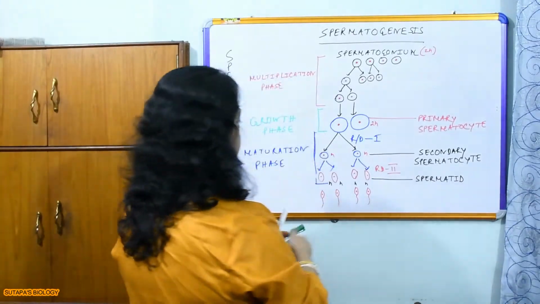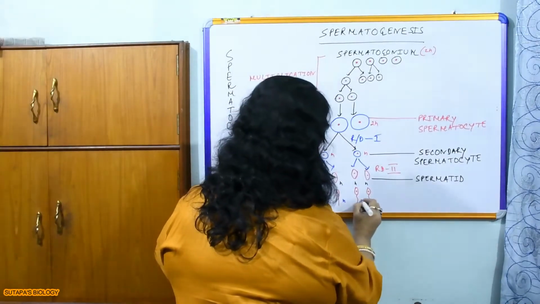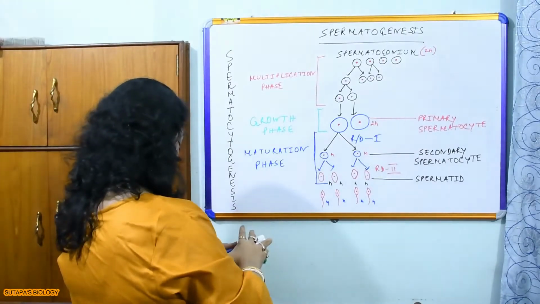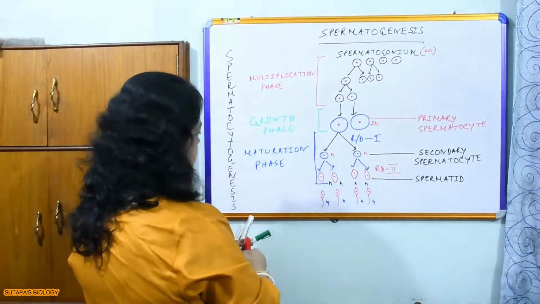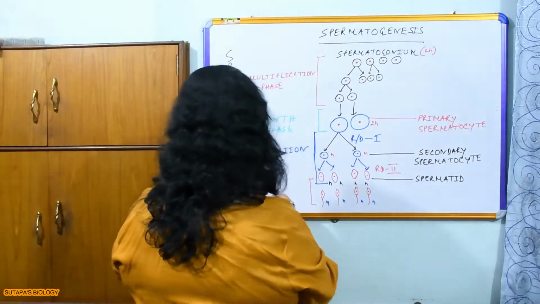They are the sperms, and all of them have the N configuration of chromosome, and from this to this is known as spermiogenesis.